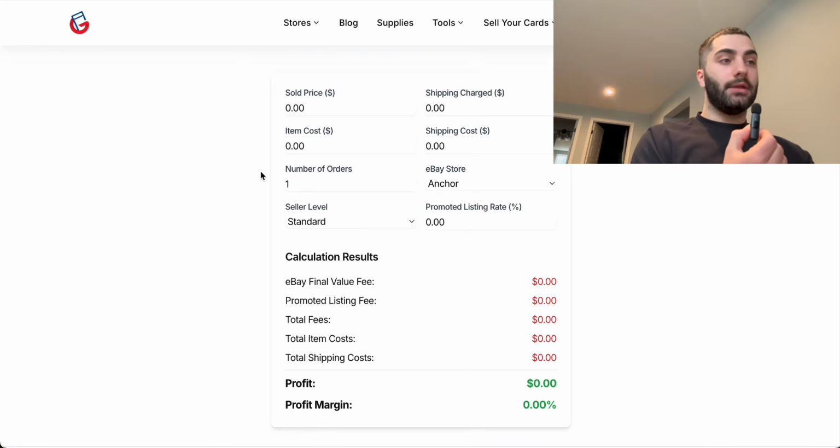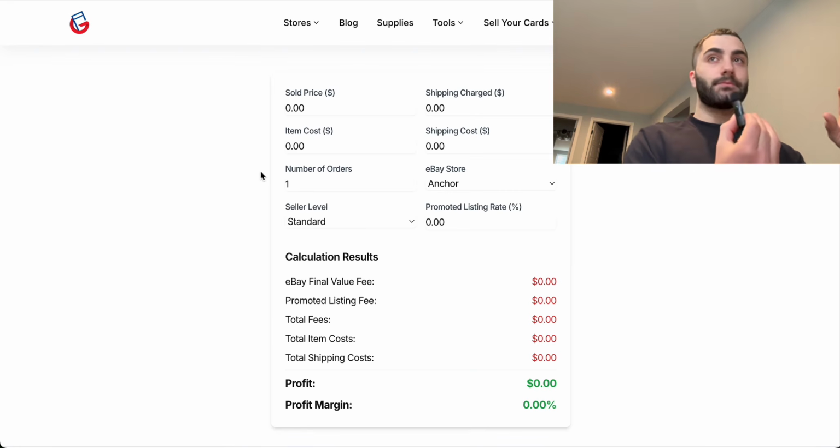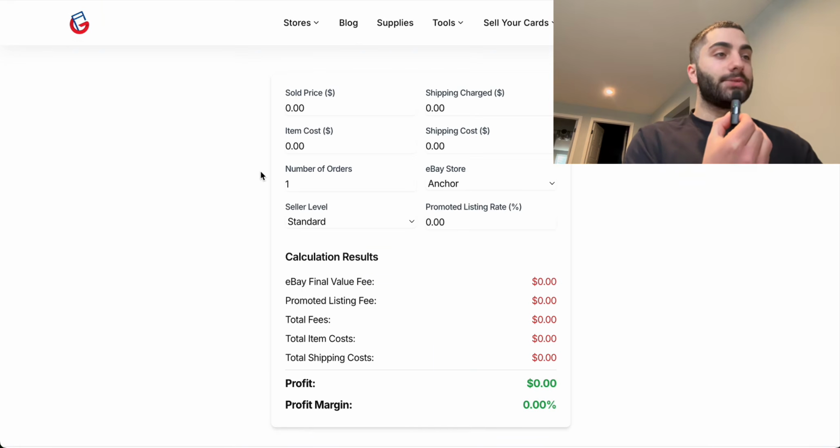It's not really worth it. So you have to do a bigger percentage when you are selling these cheaper cards, because you still want to make a big dollar profit. You can't just focus on percentages for everything.